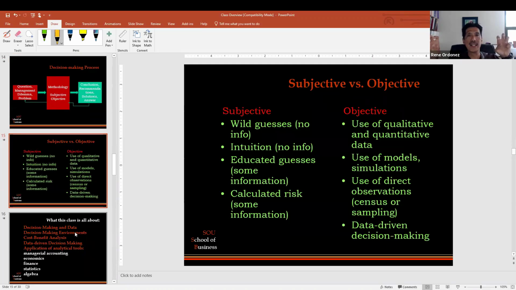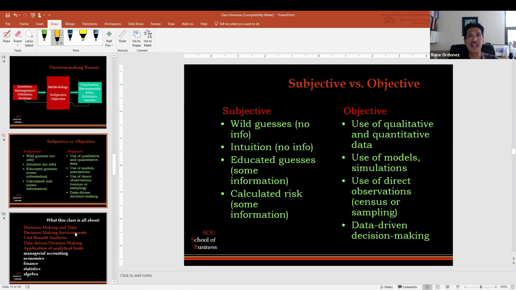Somewhere in between an environment of uncertainty and an environment of certainty is what we call the environment of risk. In an environment of risk, you have significant information. Therefore, there is a probability that you can assign to certain conditions that will prevail, and these conditions will have an impact on your decision.